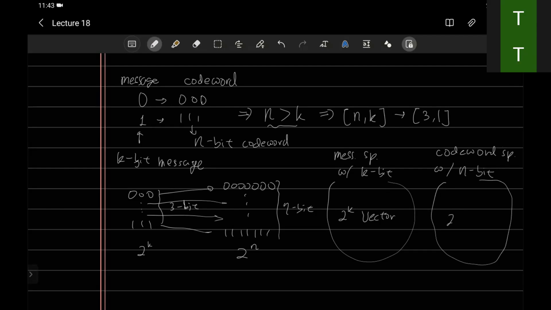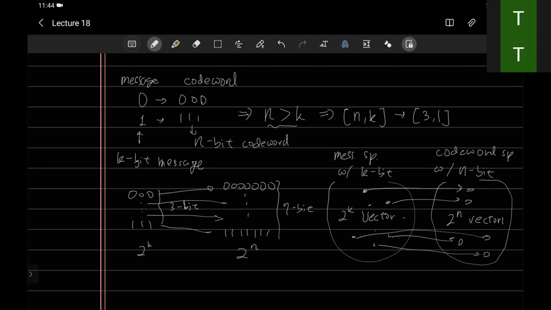So in this case, all the combinations inside this space are the 2 to the n vectors. However, only 2 to the k vectors will be mapped, and each of them will have some corresponding code word, but that does not necessarily mean that the entire set of vectors in the code word space will be consumed.